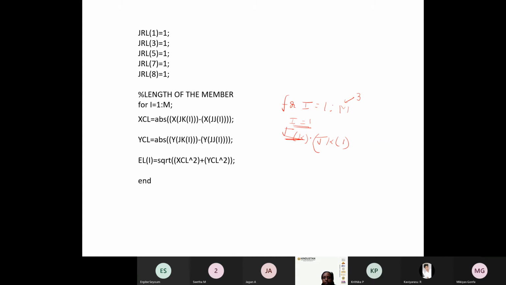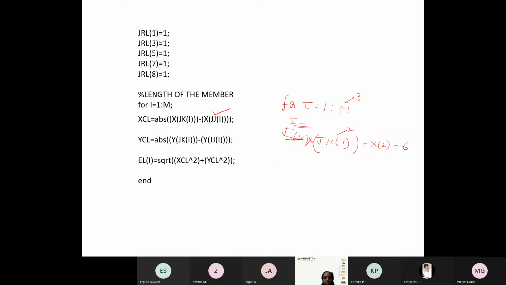Then that should be followed by x. So jk of 1 is equal to 2 and x of 2 is equal to 6.